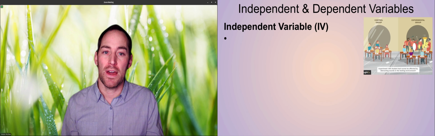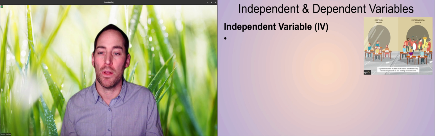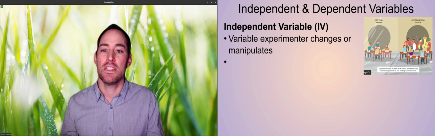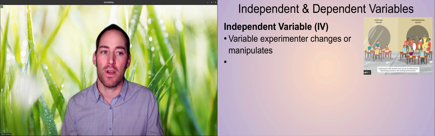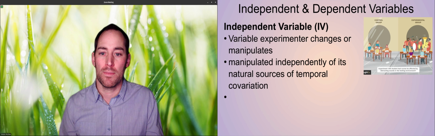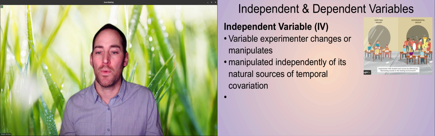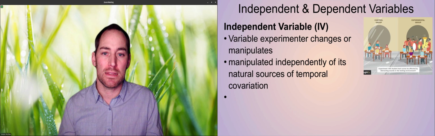So let's define a few of these things. Independent variable. The independent variable is the one the experimenter manipulates. So in your notes really quickly, what was our independent variable in this example? So this variable was the one manipulated independently of its natural sources of temporal covariation.